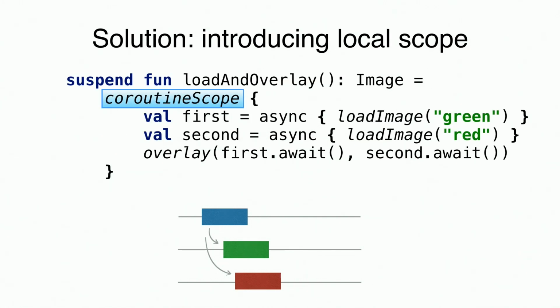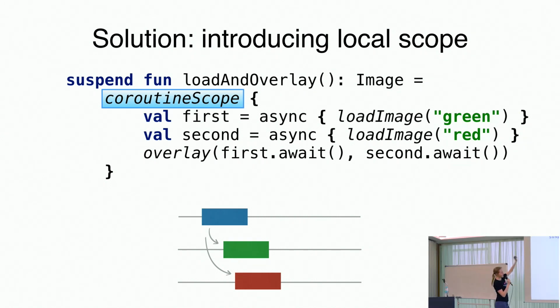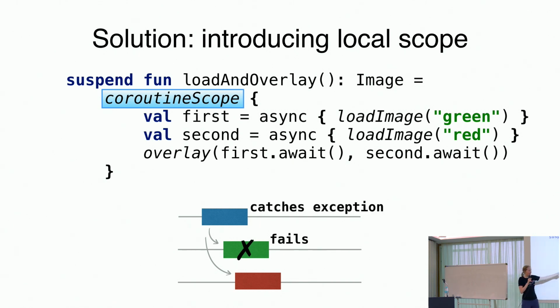With structured concurrency, we can solve this problem by introducing a scope, and the scope will be responsible for cancellation of children coroutines if some error occurs. So now, after introducing scope, if the first coroutine fails, this scope catches the exception and automatically cancels all other coroutines started inside the scope.